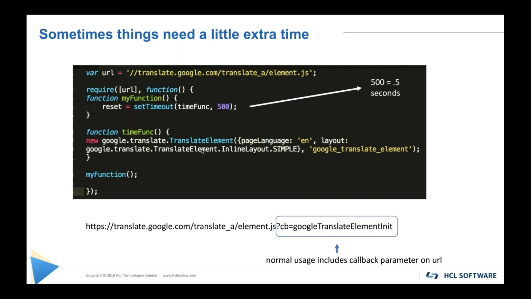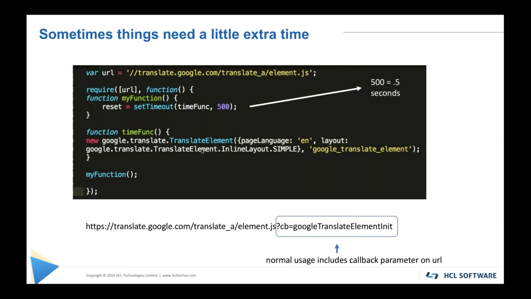But in some cases, I find that what you need to do is just give it a little bit more time to load. I run into this when I have a callback on a URL, and Google does this quite a bit. So this next scenario is a Google Translate scenario.